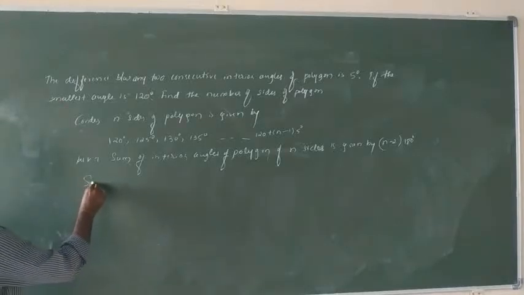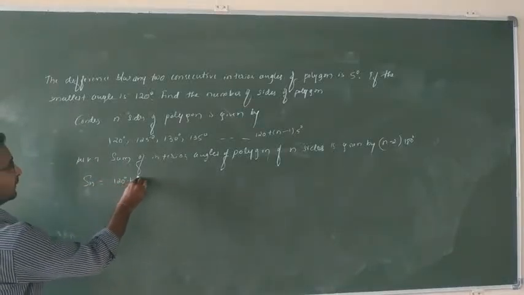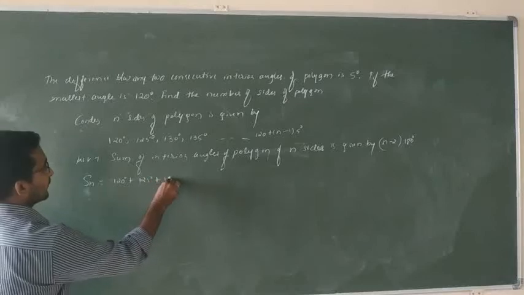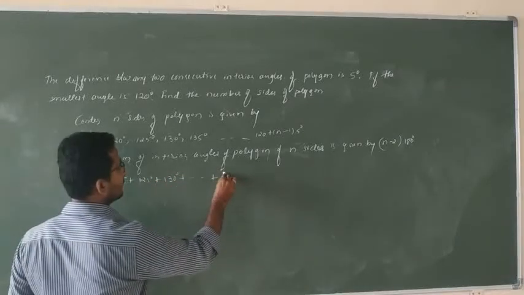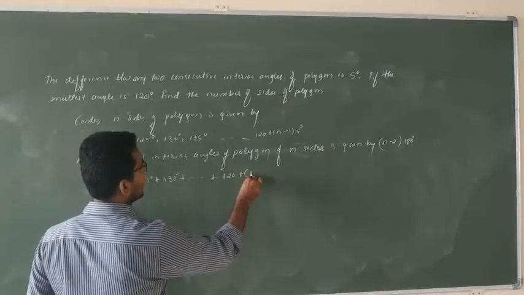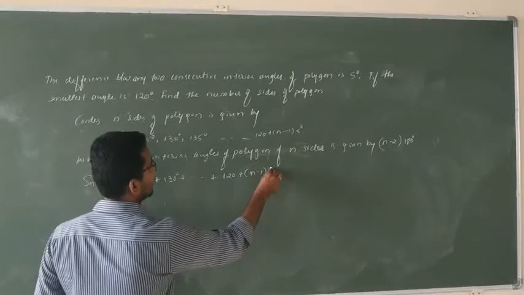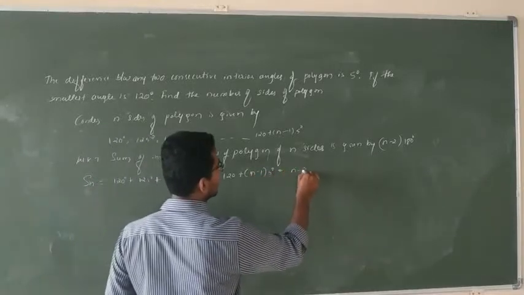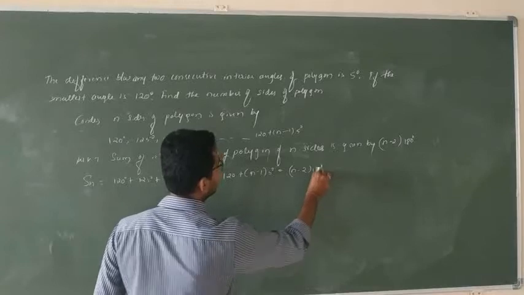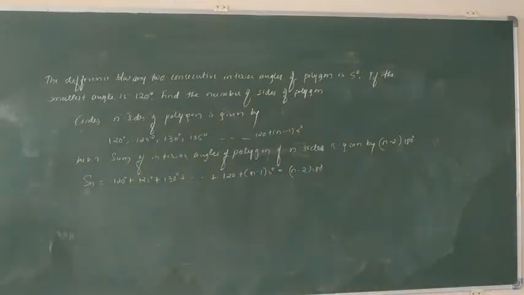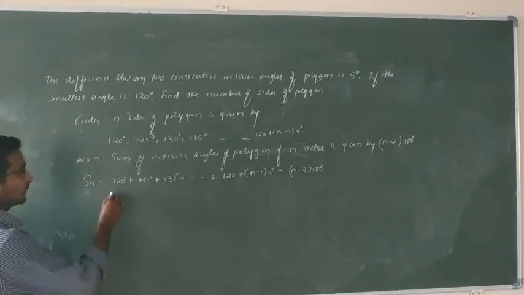Therefore, Sn is equal to 120 degrees plus 125 degrees plus 130 degrees, up to 120 plus (n minus 1) into 5 degrees, which is equal to (n minus 2) into 180 degrees. How are we going to find this from Sn?